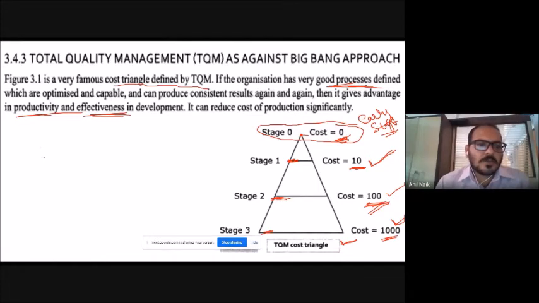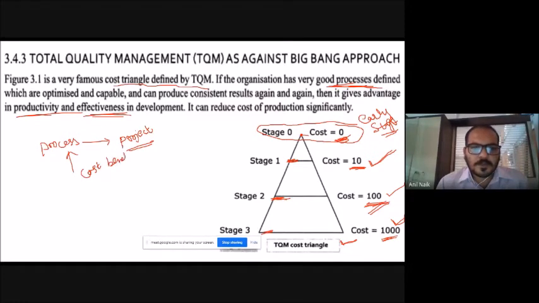So what organizations do is, for example, if they followed a standard process in one of the projects, and if this process is successful, if it is cost beneficial, then they will follow such a process, the approach, the strategy, whatever they used for this particular project.